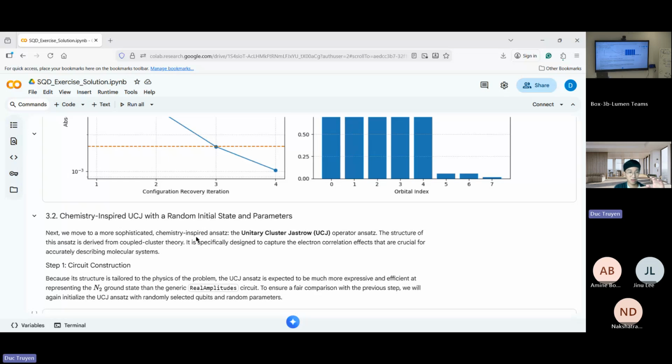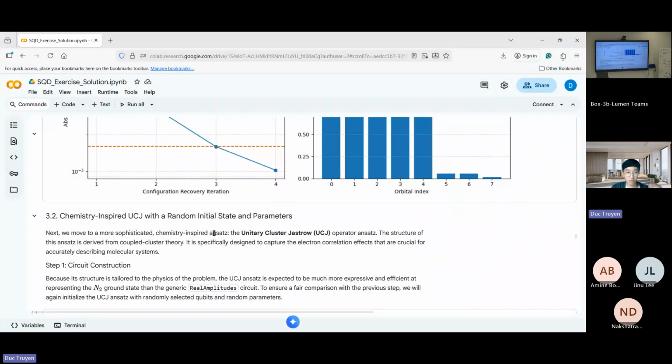You don't know any guided choice, which one is right or which one is wrong, which direction you should go. So this ansatz is kind of chemistry inspired, or I call it Hamiltonian inspired.